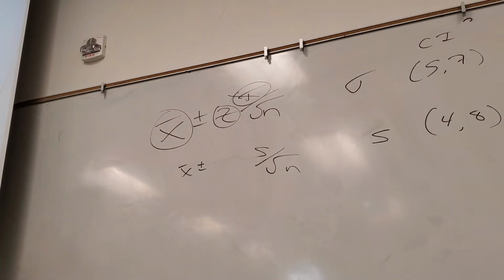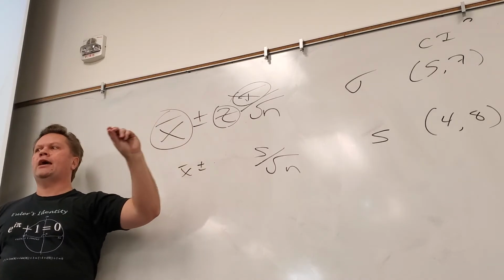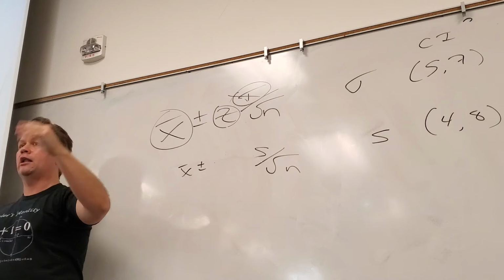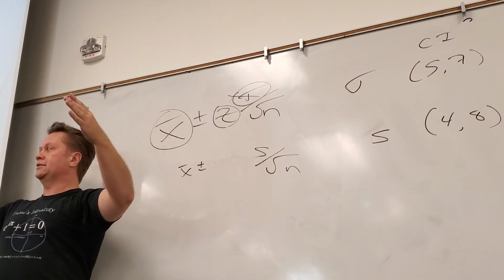So if I don't know the spread as well as I should, I'm going to throw out a bigger net, and the net is the confidence interval itself. So instead of using a z-score, I'm going to use something that is a little bigger. It's always going to be bigger than the z-score. I've got to make my confidence interval bigger, which means my error is going to have to get bigger.